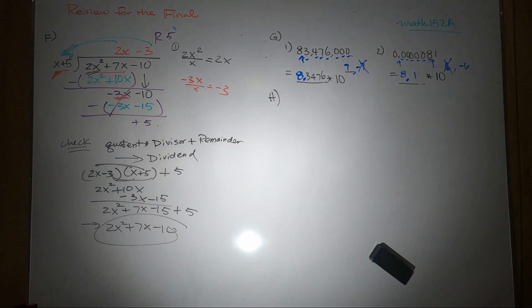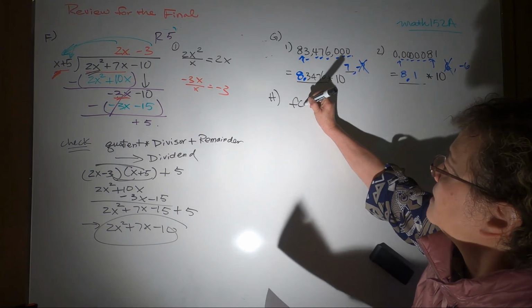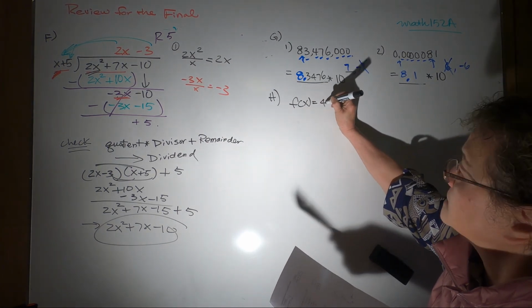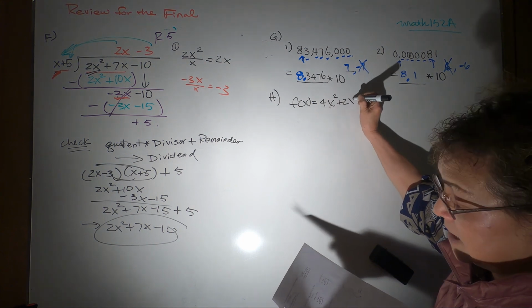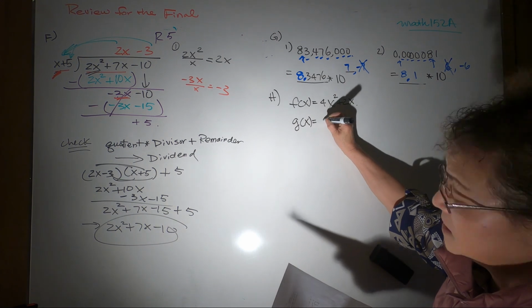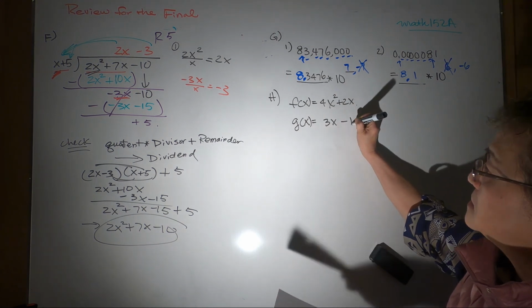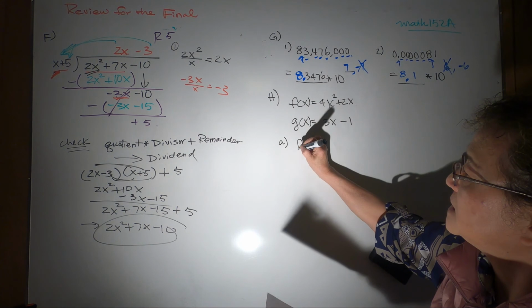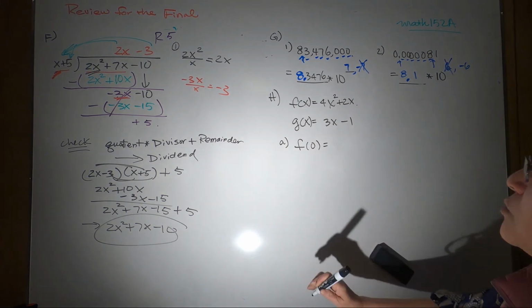Okay, so for functions, we have different symbols to figure out the values. If we have f of x, a function like this, then g of x, another function, is this. If we ask you what is f of 0, what does that mean?